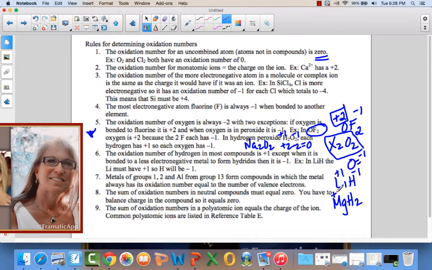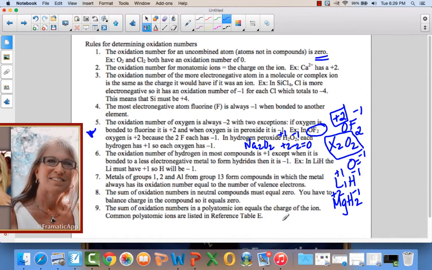Mg is +2, and therefore this has to be -1. -1 times 2 is -2, -2 and +2 is 0. So anytime I have a metal hydride, hydrogen is going to be -1. You have to remember that the sum of the oxidation numbers are always going to be equal to 0.